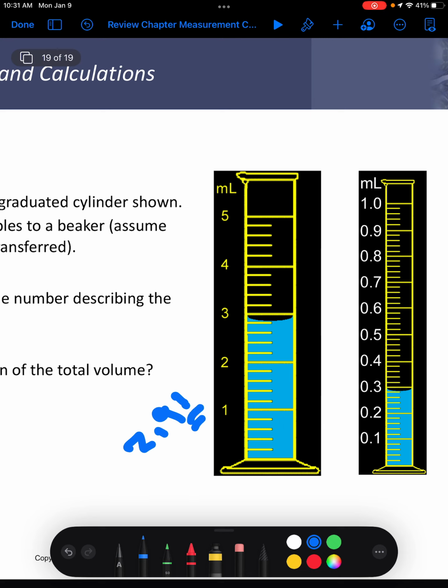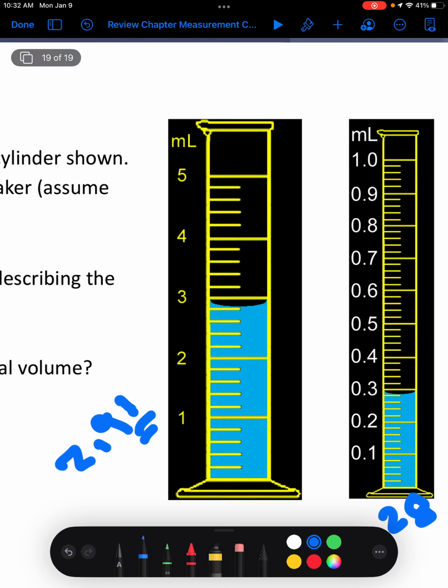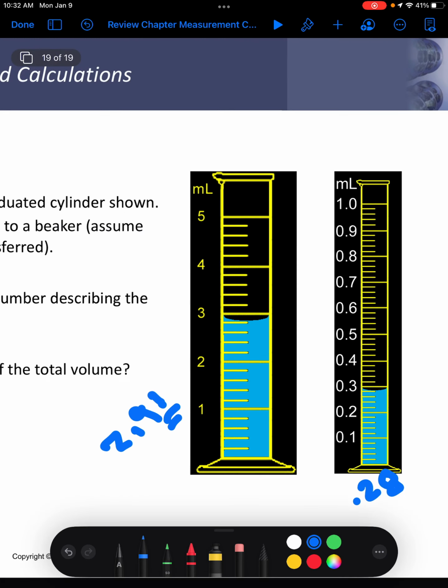But look at this one. This one is 0.2, and each one of these lines is 2. So 2, 4, 6, 8. 0.28. It's not quite to the 9. It looks like it's almost perfectly on the line. Oh, a little beyond it. 0.281. And I have 3 significant figures past the decimal.